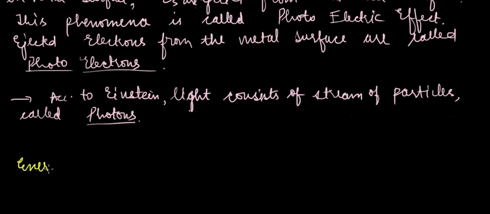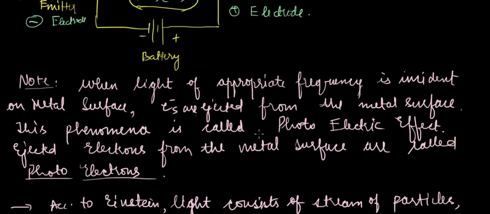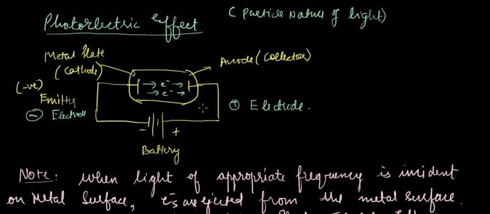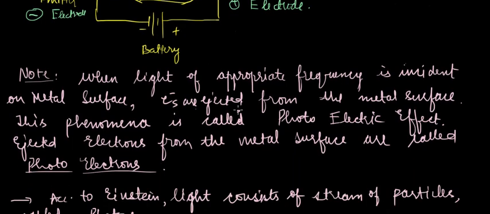I think I have missed a point over here: on this cathode plate, photons are actually incident on this cathode surface. As a result, electrons are getting ejected from the cathode surface.